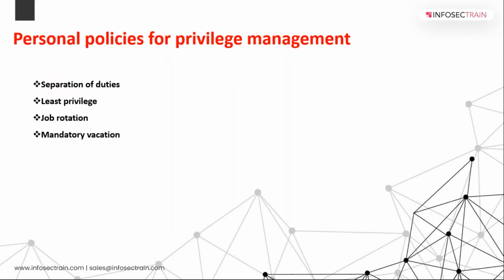Now, when we are talking about separation of duty, in separation of duty, we generally separate the duties in a team. Every team will have different privileges. Let's say inside a team we have a team lead, the team lead reports to a CISO, and under that team lead there is a junior security team.